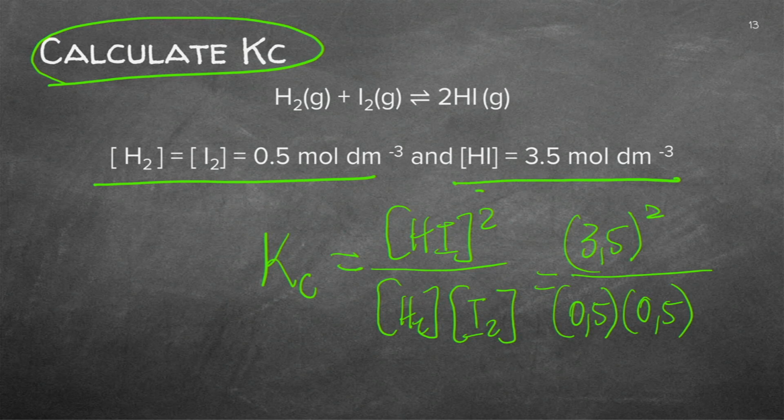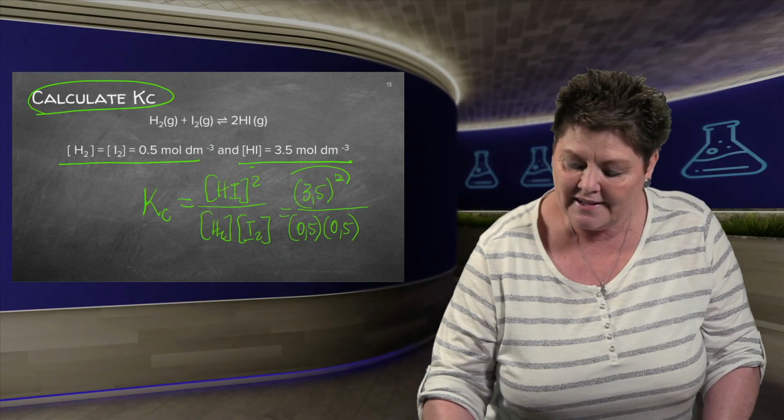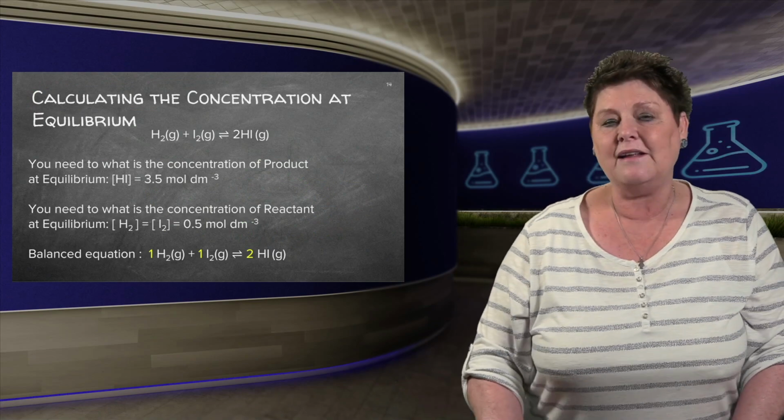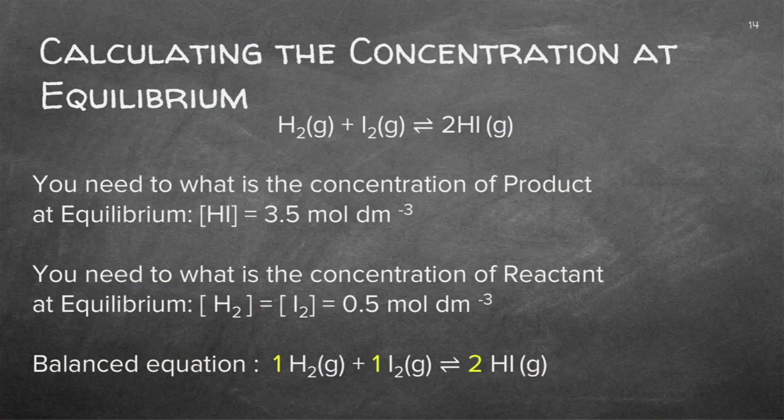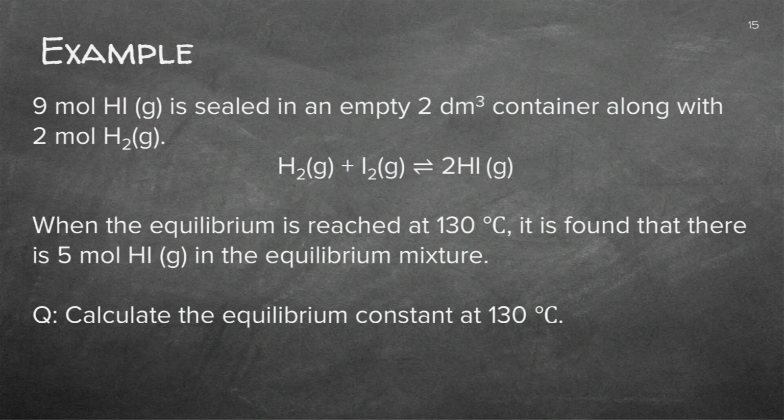But we don't always have the value. And that's where we use the table to get these values. Right, let's do another equation. H2, I2, 2HI. They gave me these concentrations. And as I showed you just now, it is easy to do. Let's get a new example.